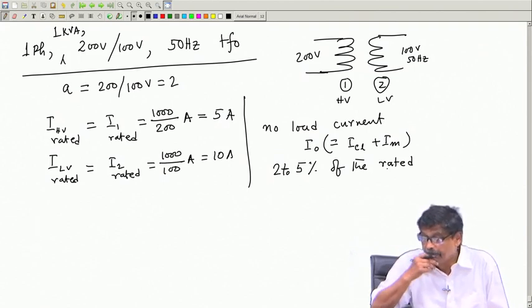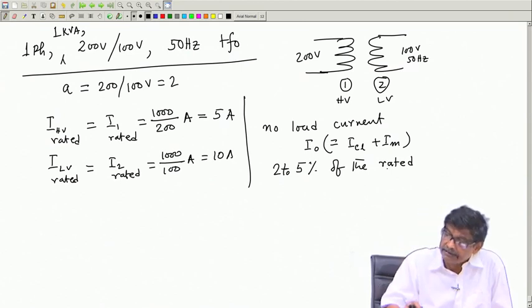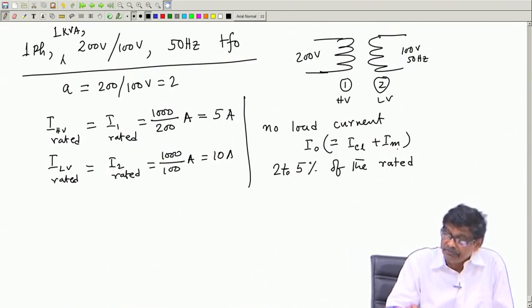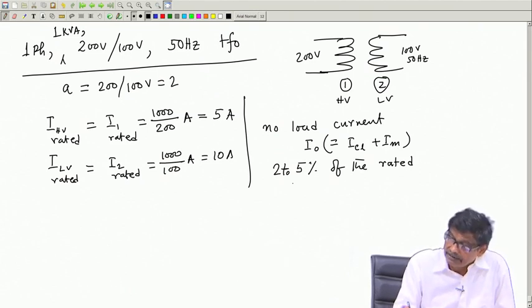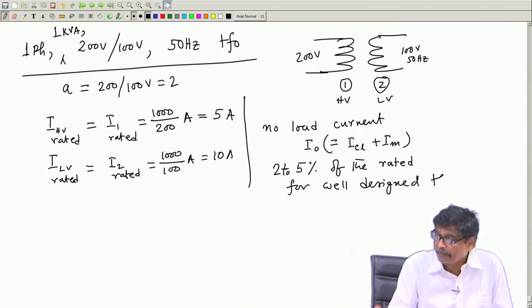He is using very good magnetic material, so that the magnetizing current is also small, and ICL plus IM, these two together, the phasor sum, gives you the no load current, and that number I am telling for a well designed transformer.